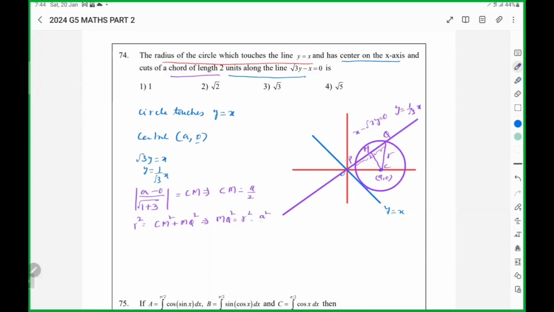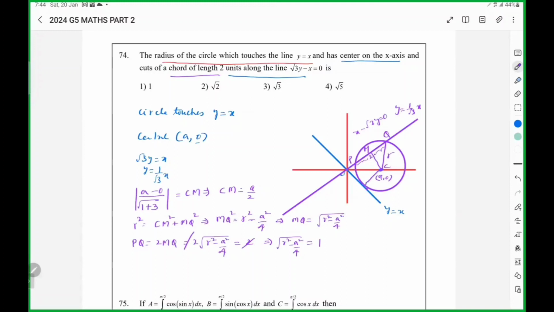CM here is, so MQ will be, so PQ length is 2 MQ, that is 2 root, which he has given as 2 units. So root of R square minus A square by 4 is 1.